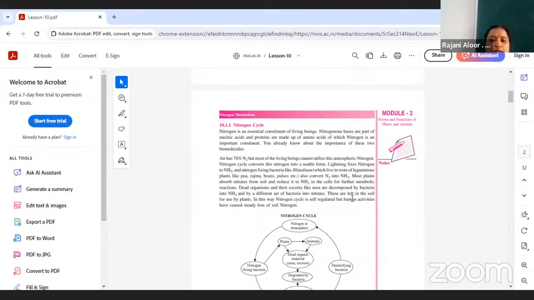Blue-green algae and bacteria can utilize it. However, higher plants can utilize nitrogen only in combined form.